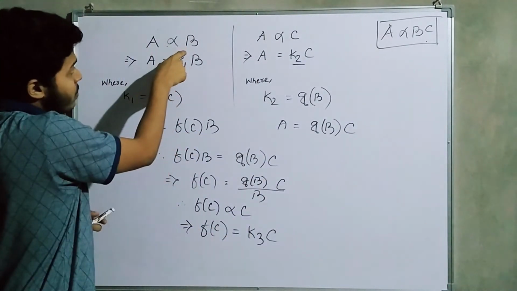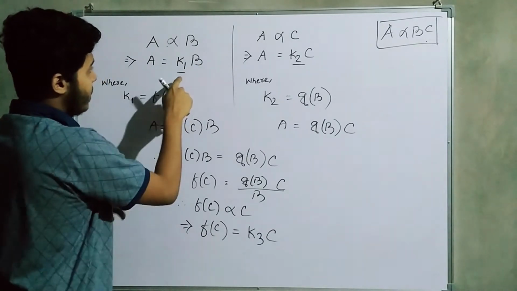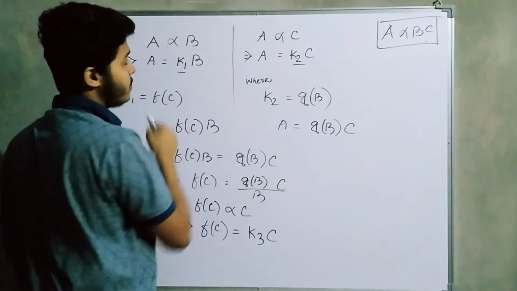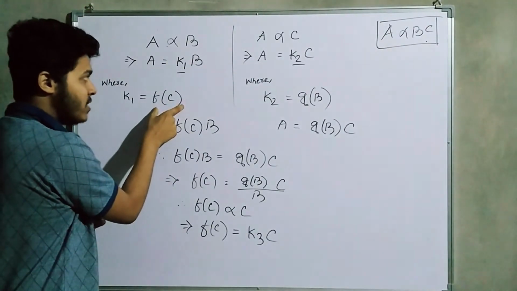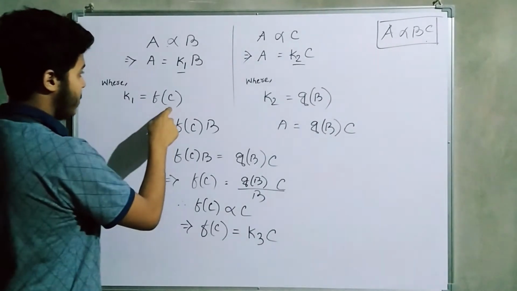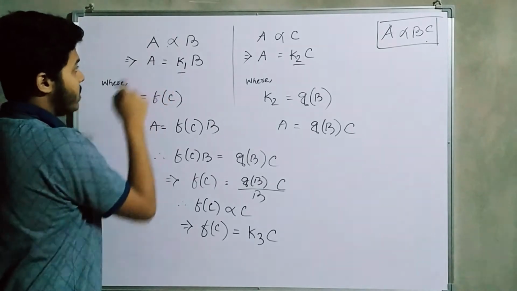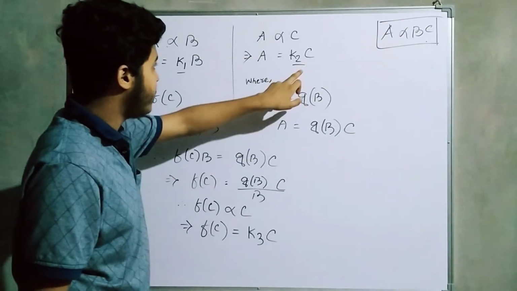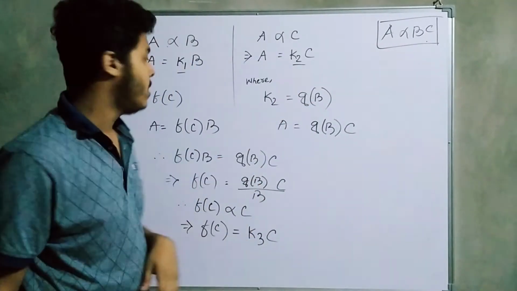So if I'm saying A equals K1 times B, the K1 has to have some sort of value of C inside of it. So K1 is actually a function of C, because the value of C determines this constant K1. Similarly, the value of B determines the constant K2, so K2 also is a function of B.